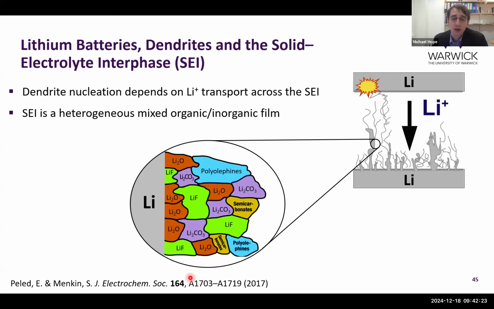It's heterogeneous. And you imagine that your lithium ions have to get through this in order to reach the metal surface and deposit the metal. And so if that lithium transport is heterogeneous, you're going to get hotspots, and that's where you're going to nucleate those dendrites.